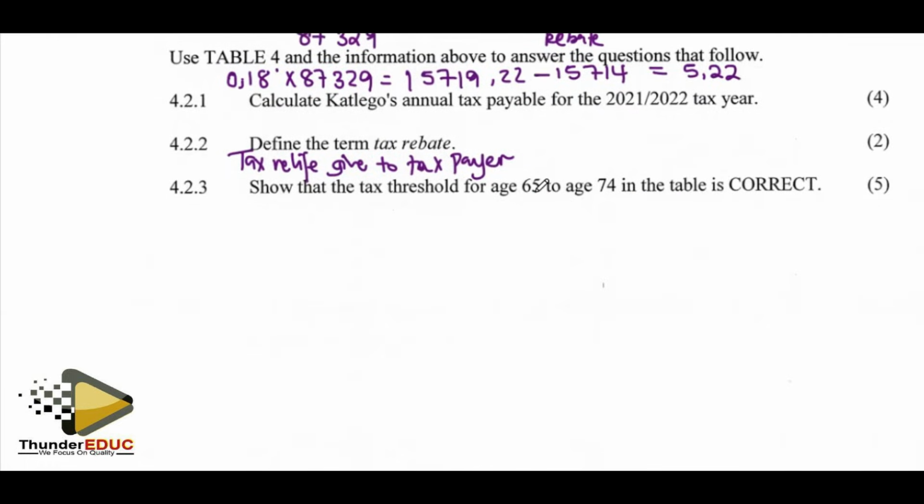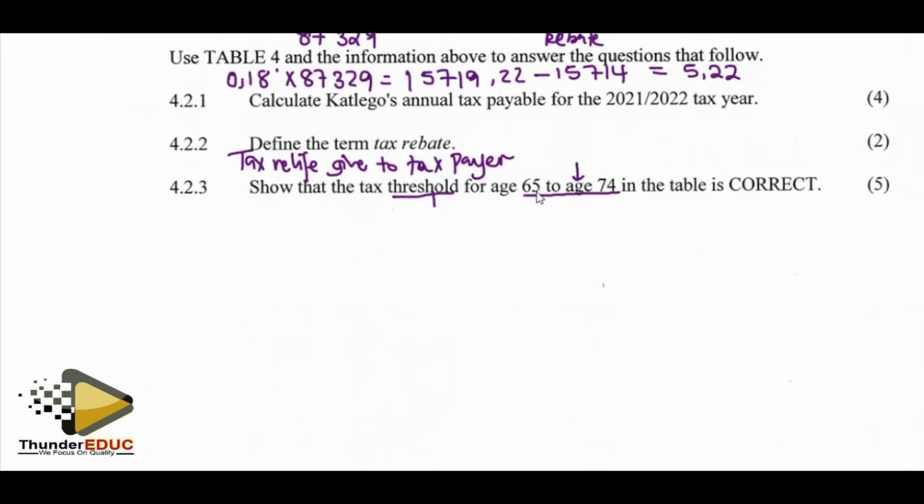Show that the tax threshold for the age of 65 is correct. Now, what is a threshold? This is the amount of money one has to earn before they start paying tax. If you earn exactly that amount or less, you're not supposed to pay tax.